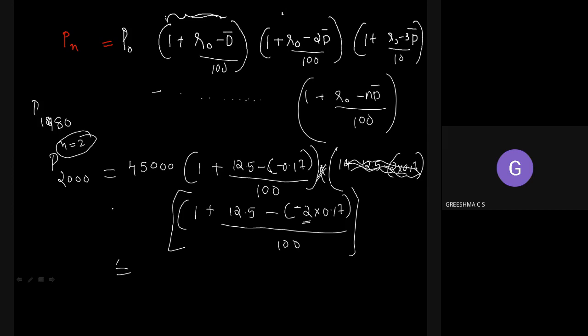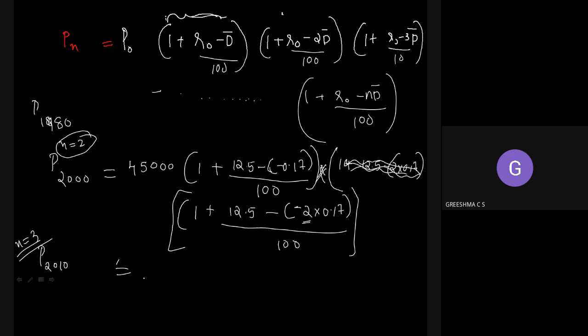Similarly, if you want to find out the population for the year 2010, here n will be 3, from 1980 to 2010.